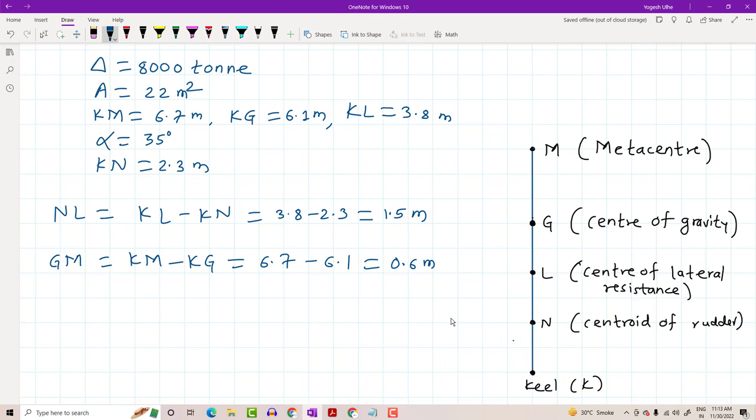After that we need LG. LG means this distance. Try to see the scenario. LG will be equal to KG minus KL.